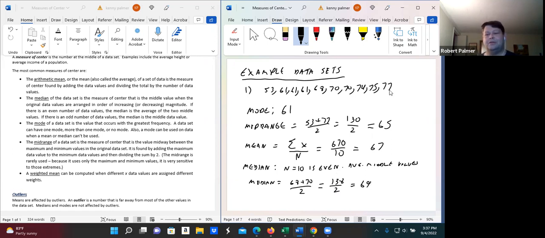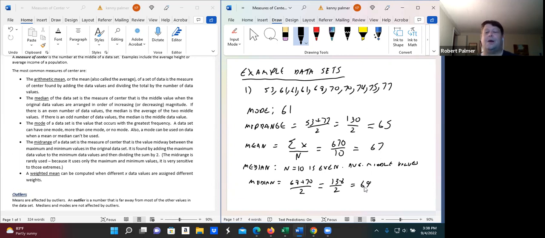So these are our measures of center for this particular data set. Our mode is 61. Our mid-range is 65, which once again only depends on the lowest and highest values. Our mean is 67. That's from adding them all up and dividing by the number. And then the median is 69.